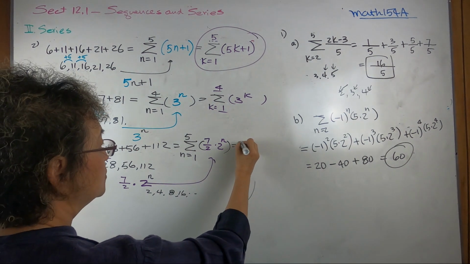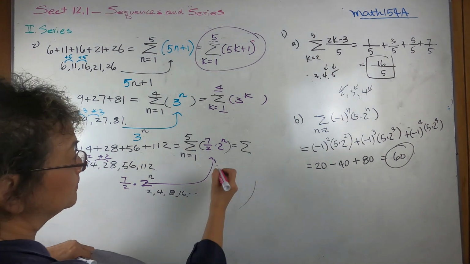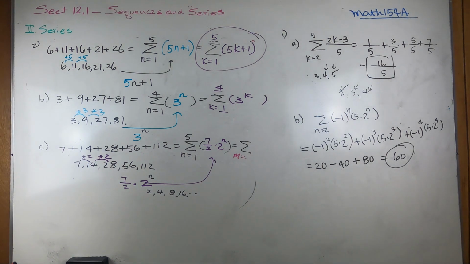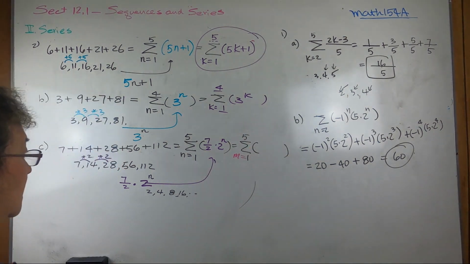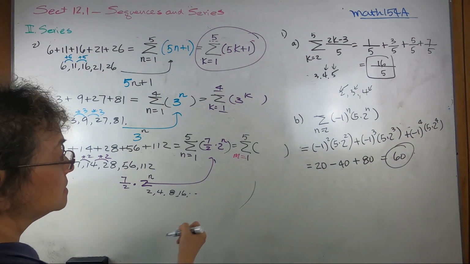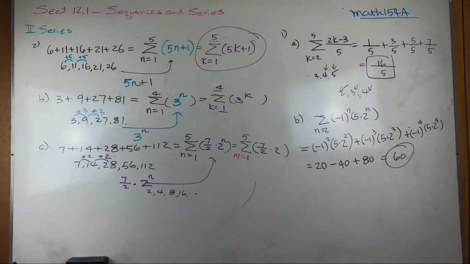However, if we give you this one, sigma, then on your paper, we use m, right? So it will give you m, then you have to fit in. That would be m equals 1 to 5. How do you write inside, right? That would be 7 halves times 2 to the what power? No longer n.